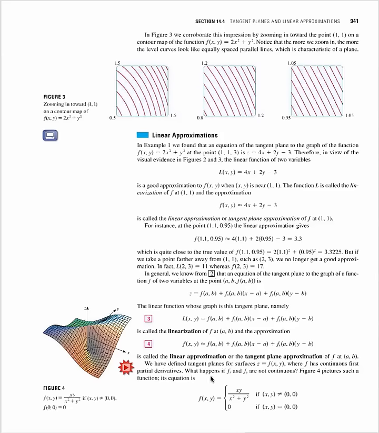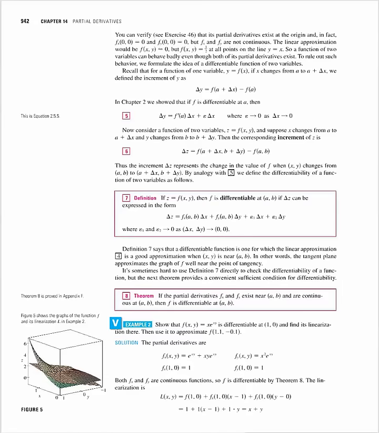Do read page 941 pretty carefully. It reminds you of some language and some motivating examples. On page 942, your book goes into a discussion of differentiability, and I actually don't like this discussion very much. It's not very intuitive.